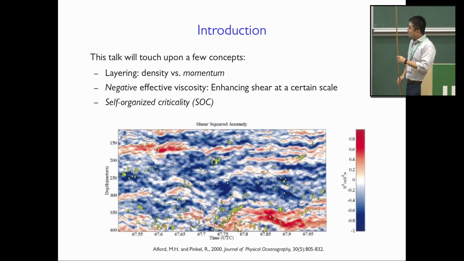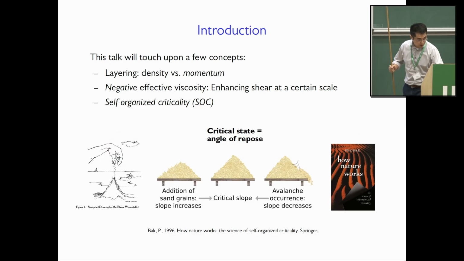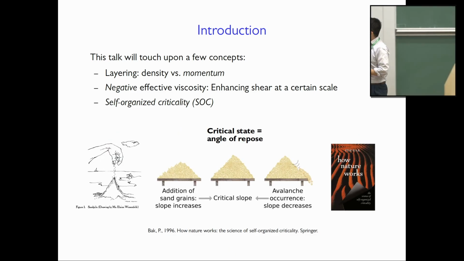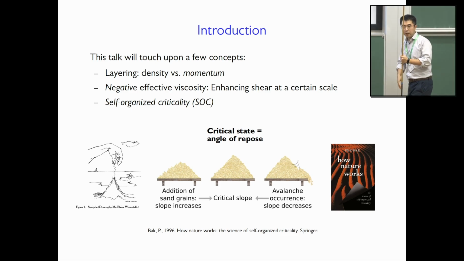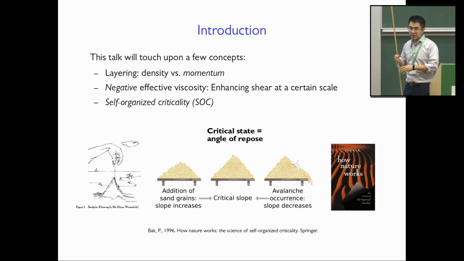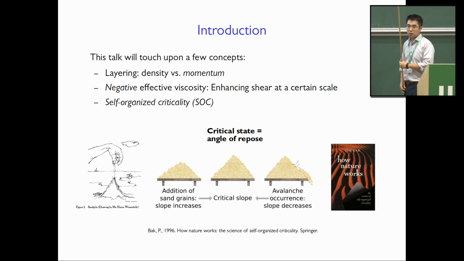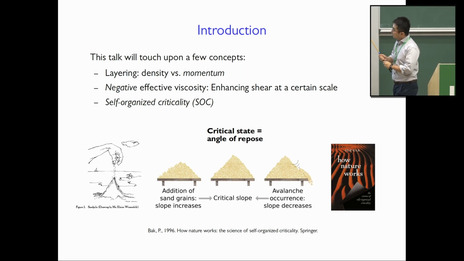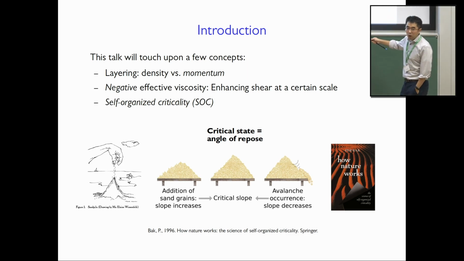And the next concept is self-organized criticality. I think for physicists in the broad community this is not a new concept and it's been used quite a bit, but for the ocean mixing community it's really been introduced only in the last few years. The best way to think about it is through this sand pile experiment.